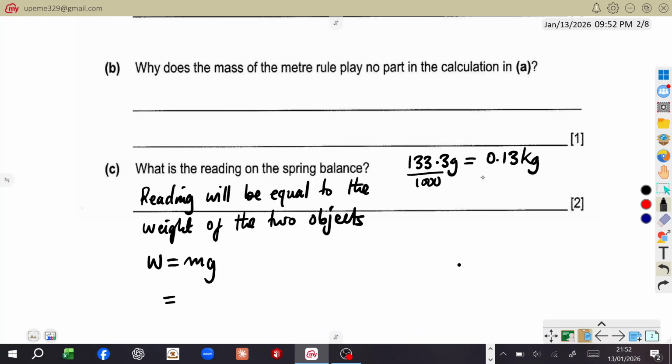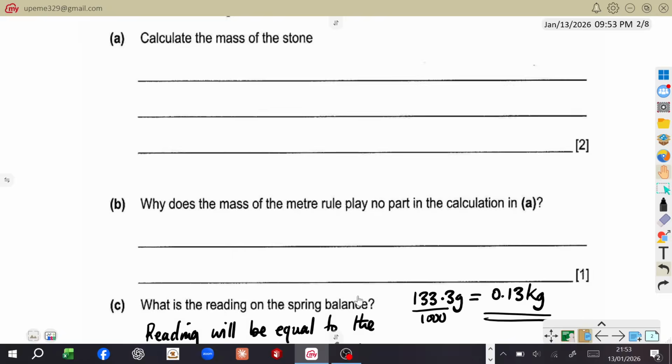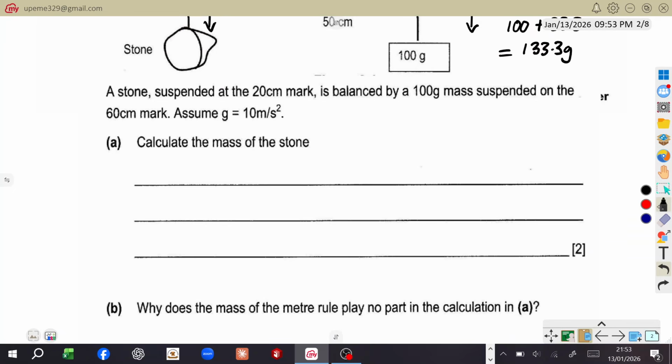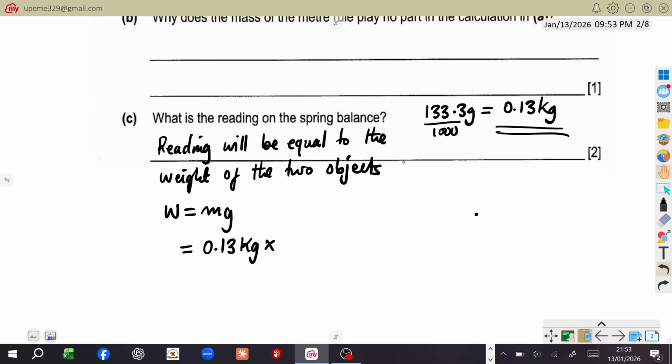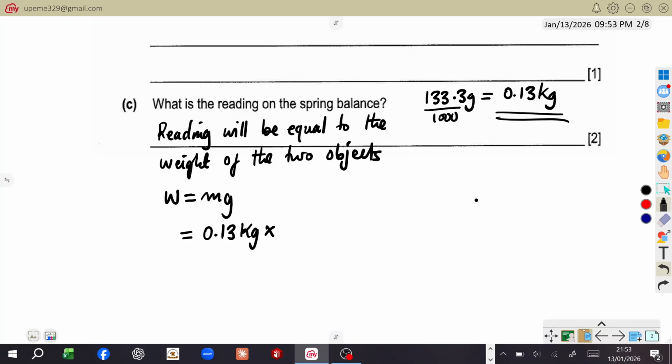The mass should be in kg, which is 0.13 kg, times g, the acceleration due to gravity, the one they provided us with here. We will use the unit of 10 Newton per kg for acceleration due to gravity.